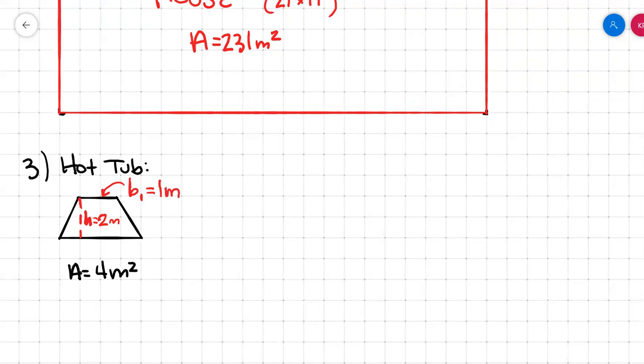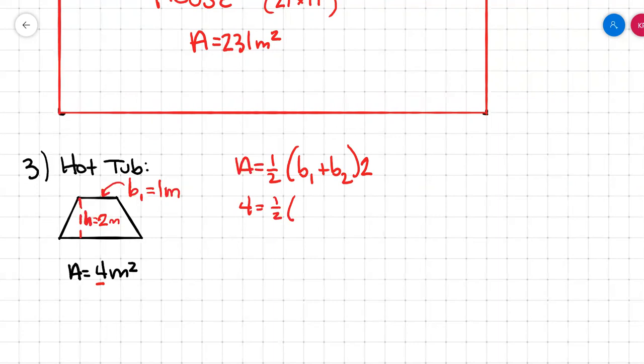But if you watched any of the videos, you would find the formula for this one. And the formula is A equals half B1 plus B2 times h. Okay, so we have what A is, which is 4, so we can plug that in.